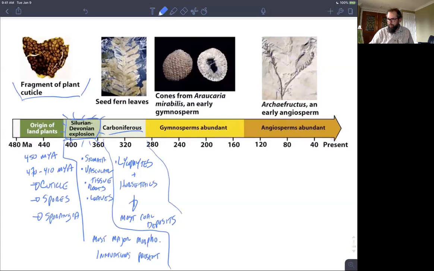Following that, we see some of the groups of plants that we're actually more familiar with, and the first of those are the gymnosperms. And so gymnosperms include groups like our conifers, or our pine trees and cedar trees as well. And so during this 280 to 150 million years ago or so, both wet and dry environments are dominated by gymnosperms.